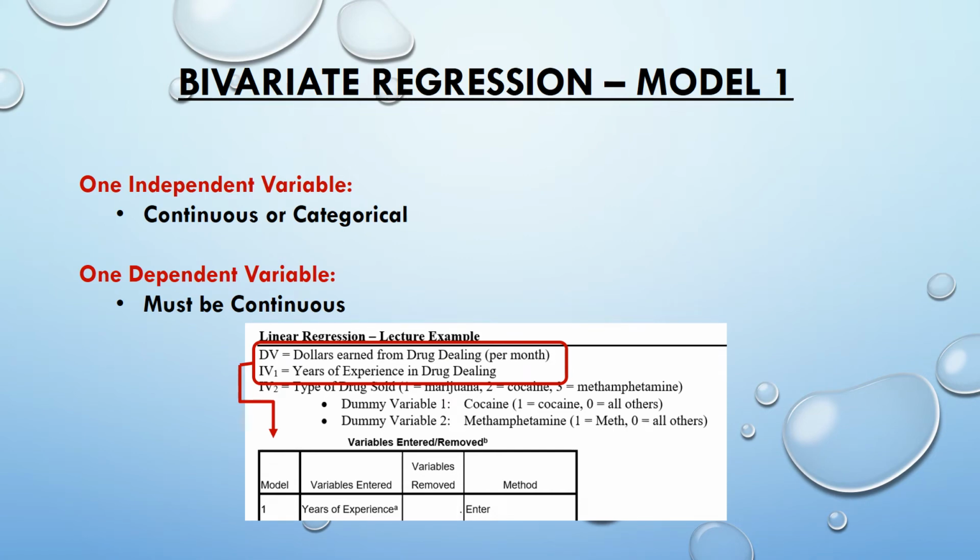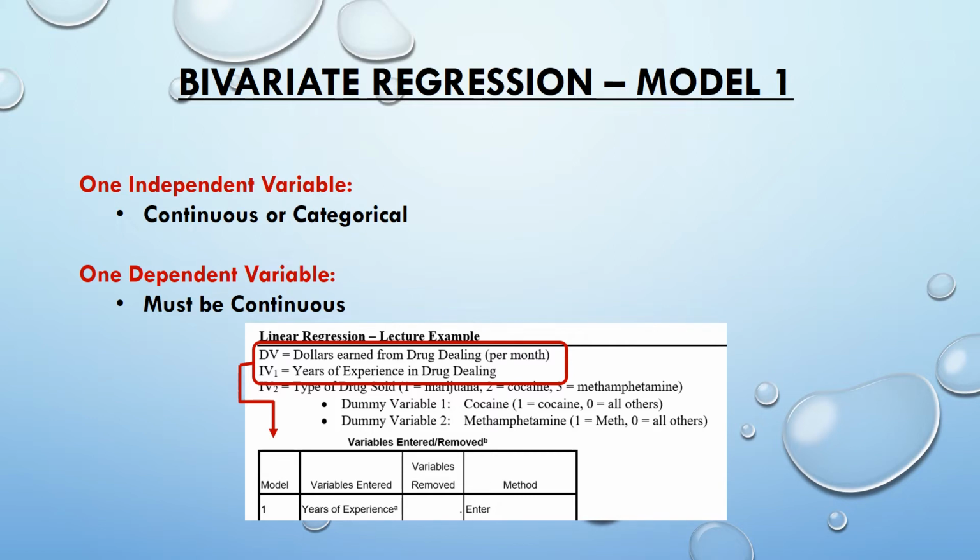So you'll notice here in red, I say that we have 1 independent variable in bivariate regression, and it can be either continuous or categorical. For our current example, our independent variable is continuous. It's years of experience in drug dealing, so it's at that interval or ratio level of measurement. And also, we can only have 1 dependent variable, and it has to be continuous.